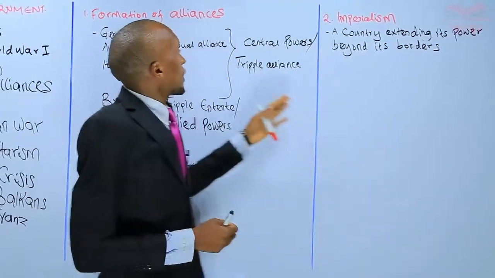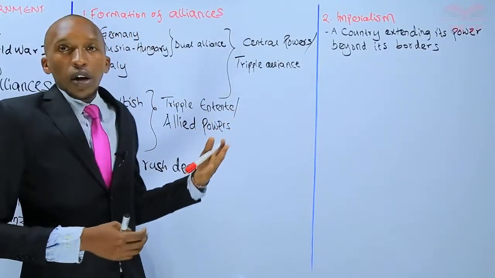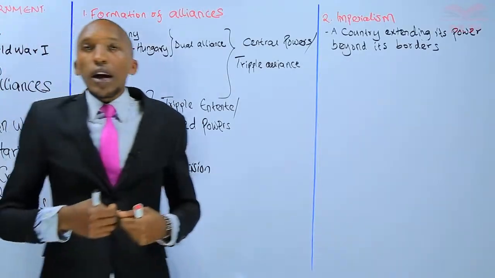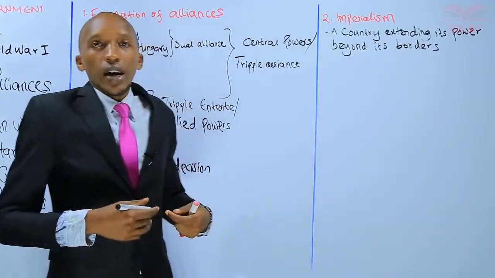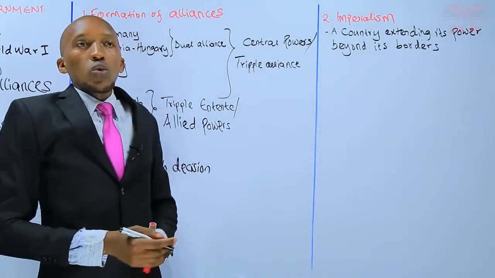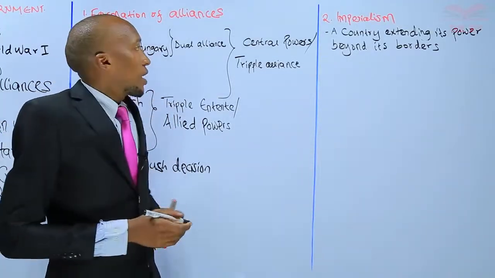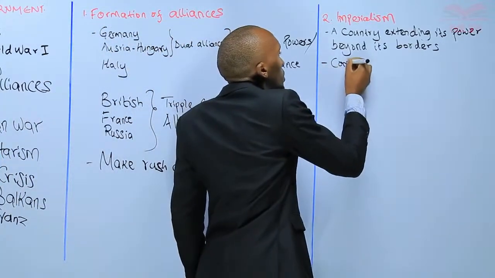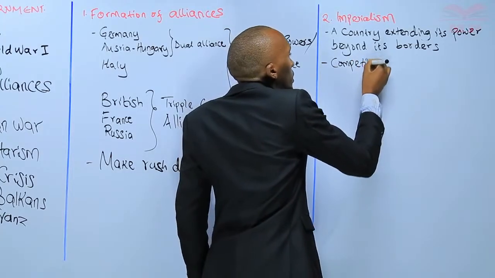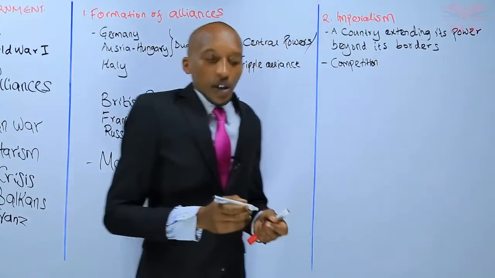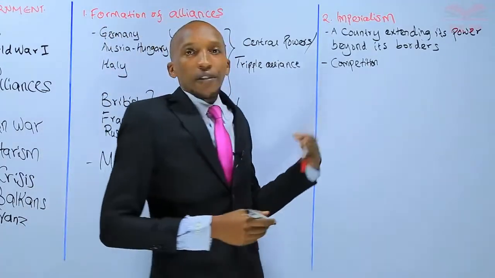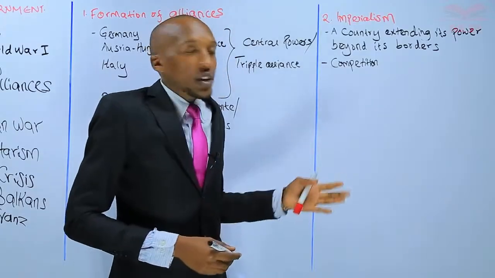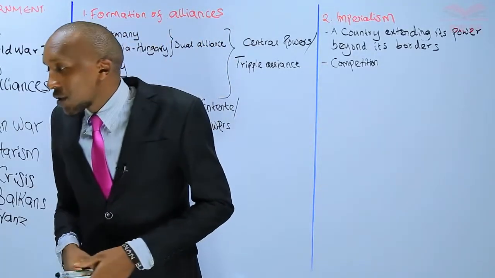These countries were trying to outdo and compete against one another, to find out who has more colonies, who has a bigger territory, who has more influence even in other places. So imperialism resulted in competition amongst the countries. This resulted in quarrels. They could fight against one another, trying to get supremacy. Who is more superior to the other?